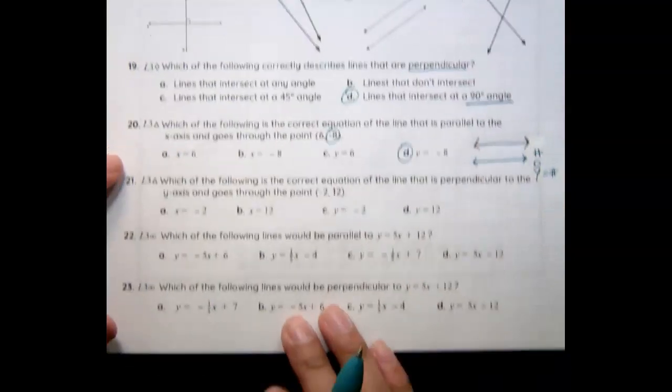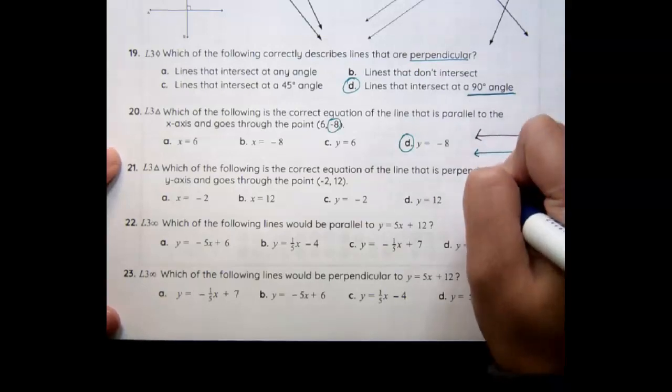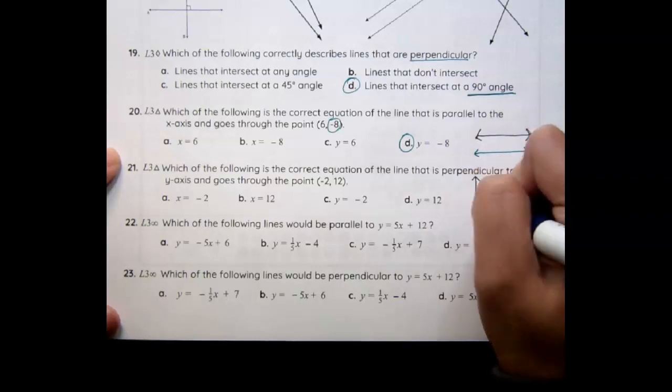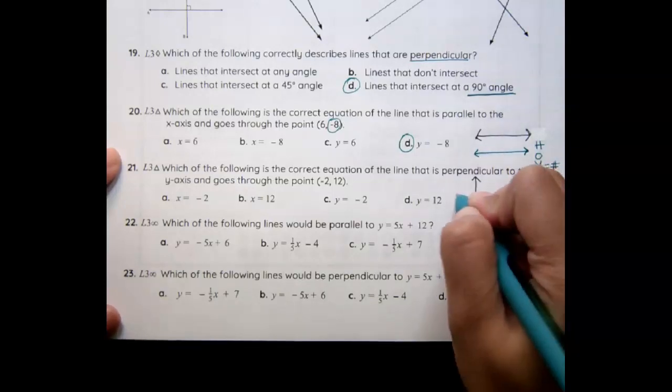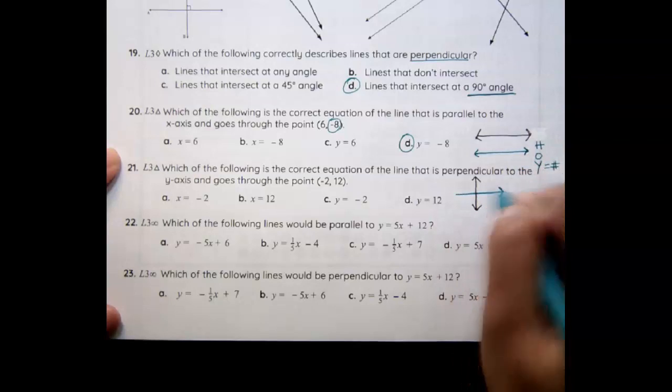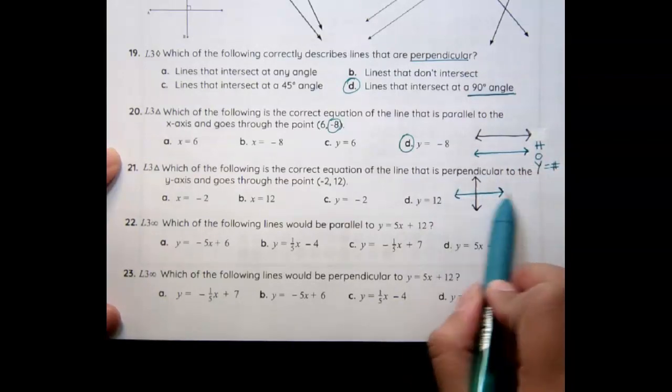Okay. Here's another one. Which of the following is the correct equation of the line that is perpendicular to the y-axis? Okay, well, here's my y-axis, because my y-axis is vertical. I want it to be perpendicular, which means they have to intersect. This line is the one that I'm writing the equation from.